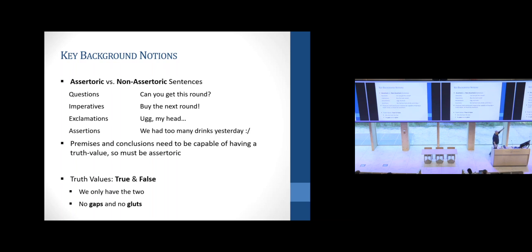No gaps and no gluts basically forces us into this idea that the space of all the assertoric sentences divides into the true sentences and the false sentences, and they're exhaustive and exclusive. If you're in one group, you're not in the other. And everybody's in one of the two. Again, clear? Makes sense? These are all simplifying. We can have more complicated logics that let you blur these things in. So we're going to start with this because, hey, we've got to start walking before we start running.